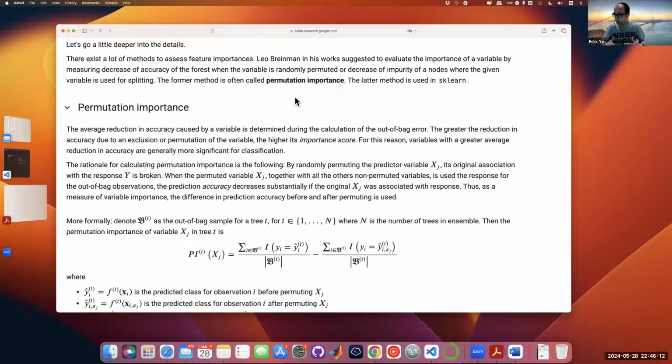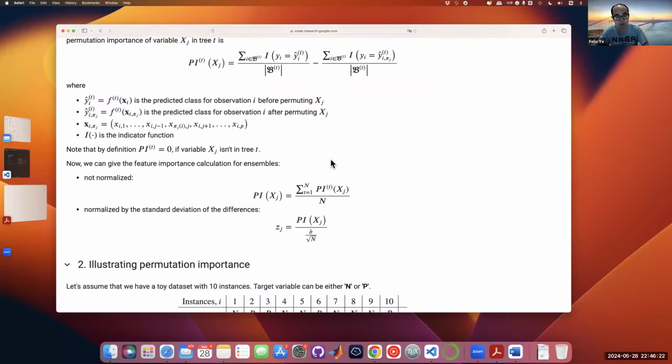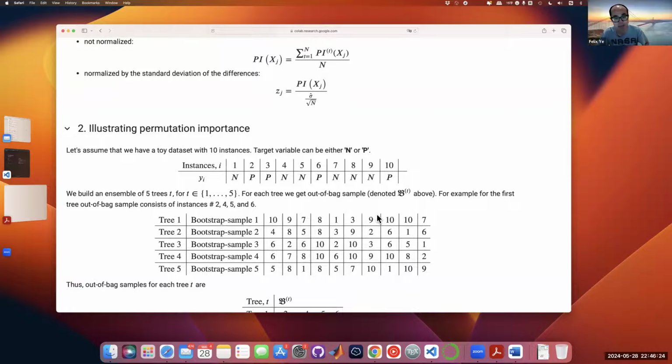The greater the reduction in accuracy, the higher the score. What we do is very simple. We have a bunch of features. For example, this is the example right here.